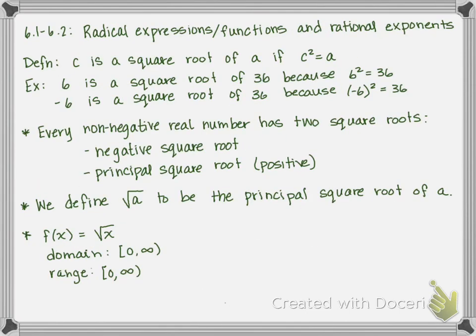So if we come back here, we can rewrite all of this and say that C is an nth root of A if C to the n is equal to A. So where n is just any number, we're saying the nth root undoes an exponent of n.